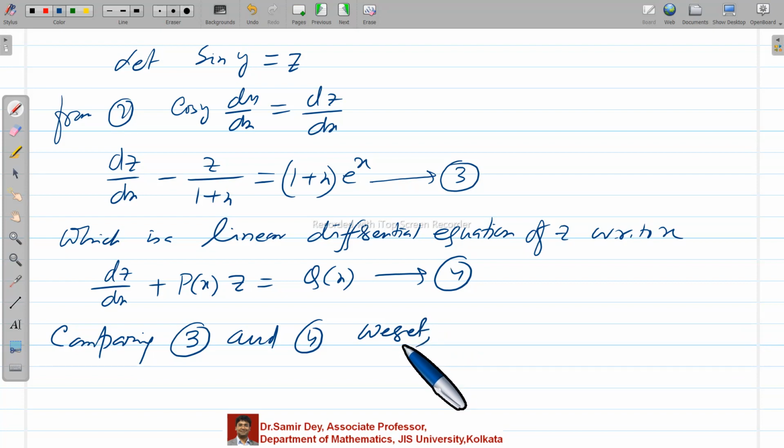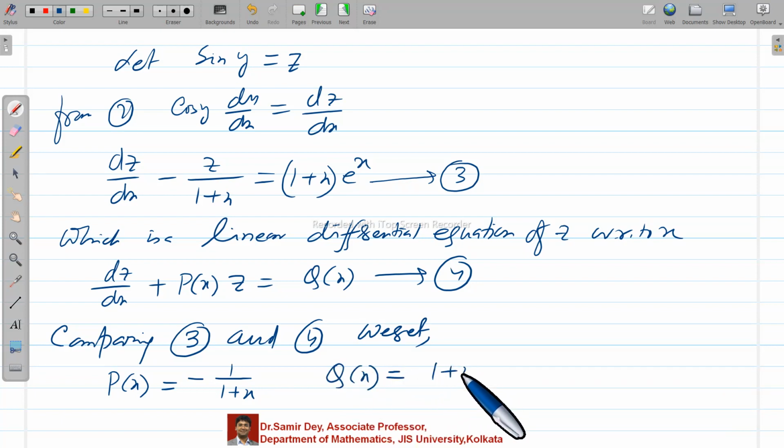Now please tell me, what is your P(x)? Anyone? Just compare, your P(x) is minus 1 by 1 plus x. Very good. What is your Q(x)? Q(x) is equal to 1 plus x into e to the power x. Clear?